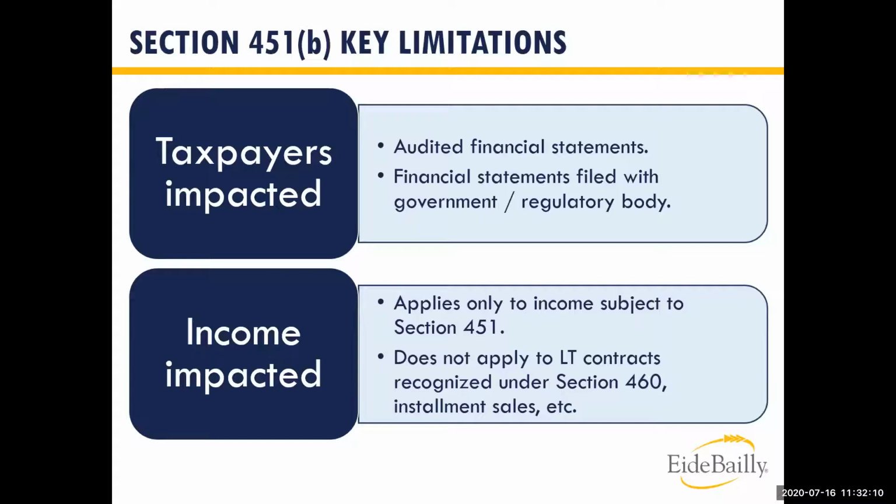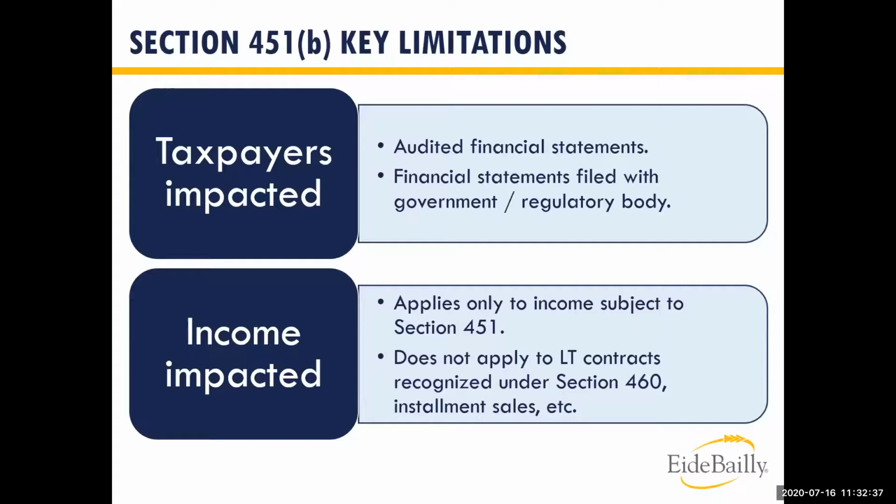A review would not throw you into this analysis. But the second group of taxpayers are those who are required to file financial statements with state or regulatory bodies. So unfortunately, this is captured in a number of our banking clients, even though they don't have an audit, because of their obligation to file with the state, with the FDIC, with the Comptroller of Currency, whoever it is, that is going to throw them into being subject to 451B.